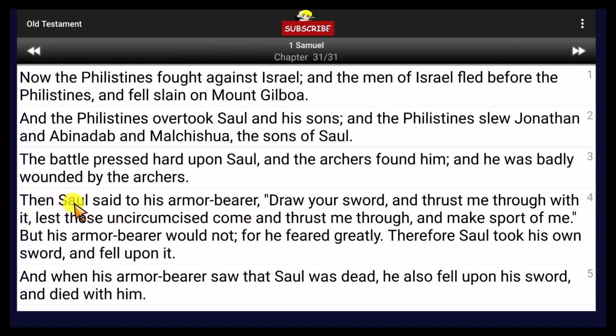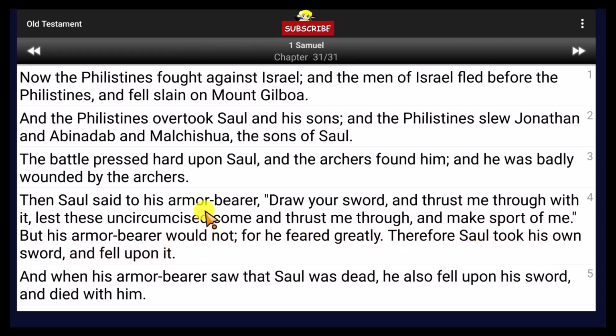Then Saul said to his armor bearer, "Draw your sword and thrust me through with it, lest these uncircumcised come and thrust me through and make sport of me." But his armor bearer would not, for he feared greatly. Therefore Saul took his own sword and fell upon it.